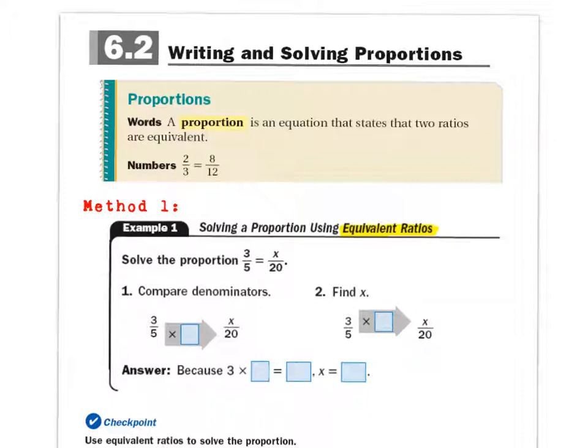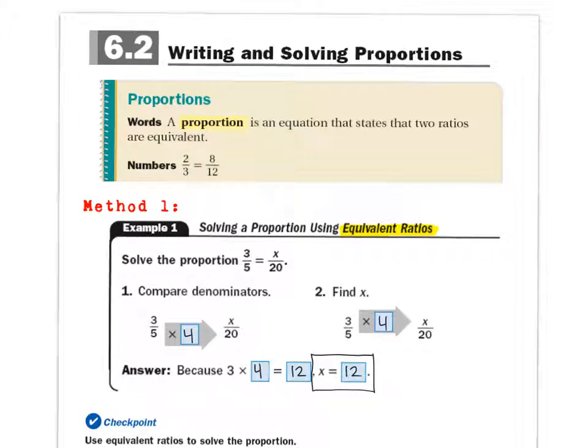So we're going to ask, as we look at the denominators, what do we need to multiply 5 by to get to 20? And the answer is 4. And then we know that whatever we do to the bottom, we have to do to the top. And so we're going to multiply the top by 4. 3 times 4 equals 12, and therefore x equals 12 is your answer.